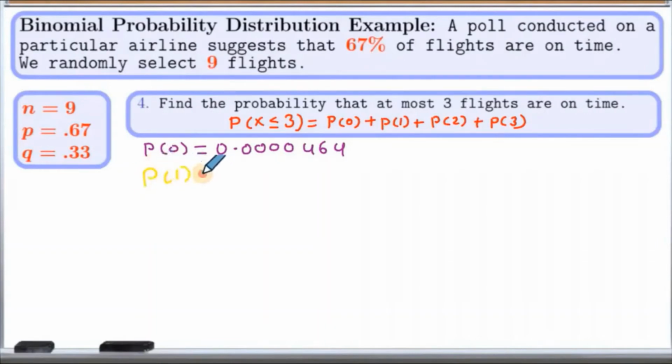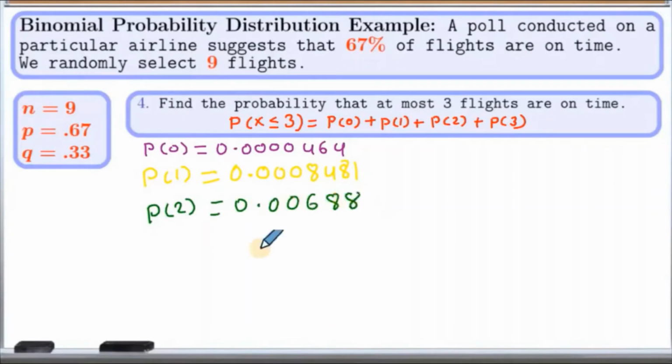Probability of 1 is 0.0008481. Probability of 2 is 0.00688.